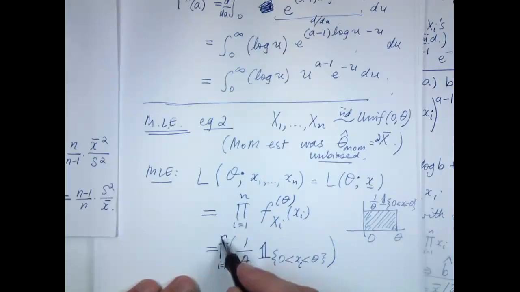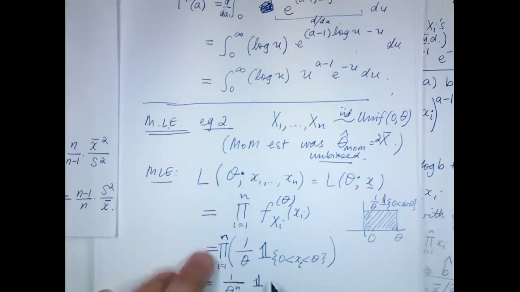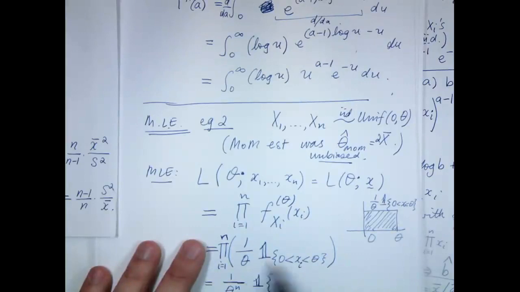Now, if I put together all those n factors, it will be 1 over theta to the n, but of course there's also a constraint: the product of all these indicator functions.